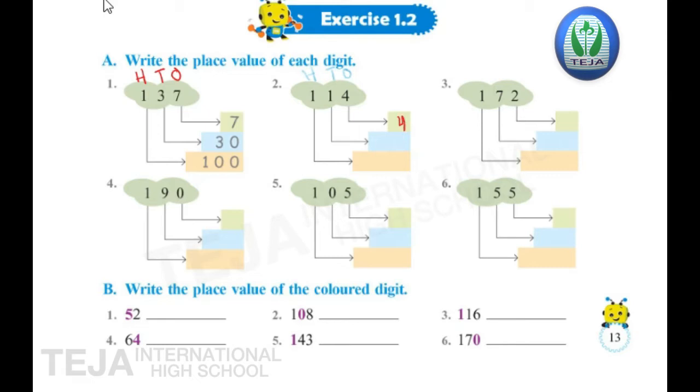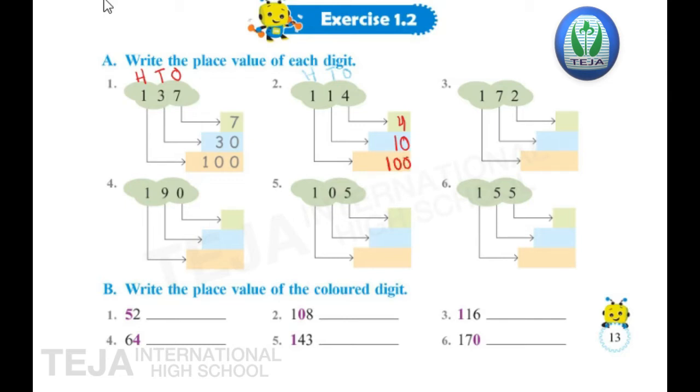There is no change in the place value. So write 4 in the box. Next, 1 is in tens place, so the value of 1 is 10. Next, 1 is in hundreds place, so the value of 1 is 100.